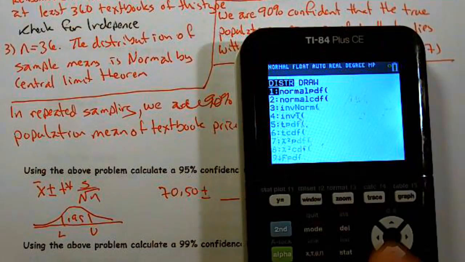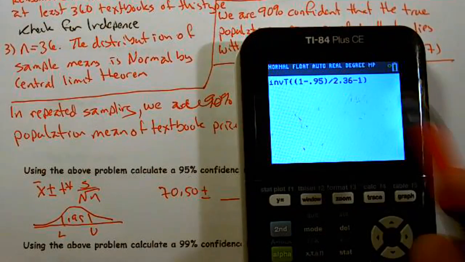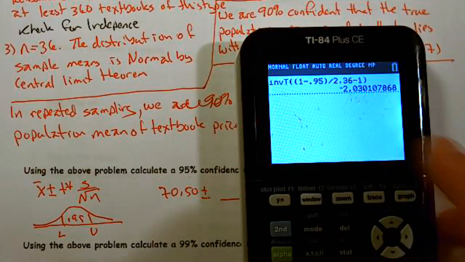So I need to calculate my t star. Second vars, inverse T, clear, parenthesis, 1 minus 0.95 divided by 2. 36 minus 1 is still the same, and we end up getting a t star of 2.0301.